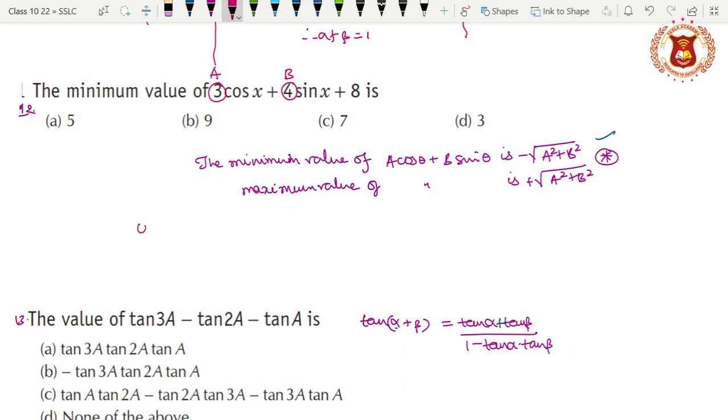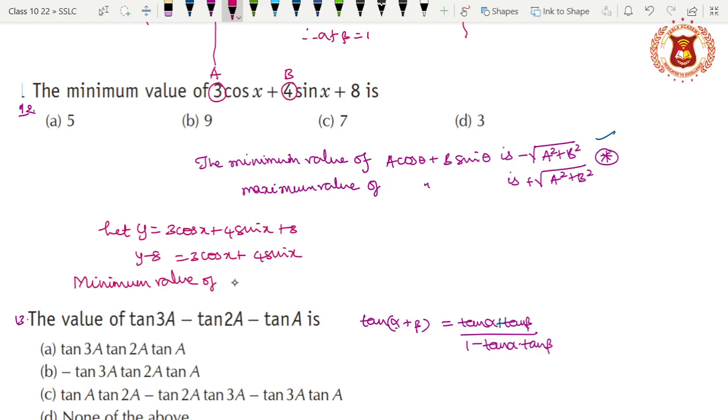Now we know y is equal to 3 cos x plus 4 sin x plus 8. Now y minus 8 is equal to 3 cos x plus 4 sin x. Now you can say the minimum value of y minus 8 is minus root of a square plus b square, that is 3 square plus 4 square.